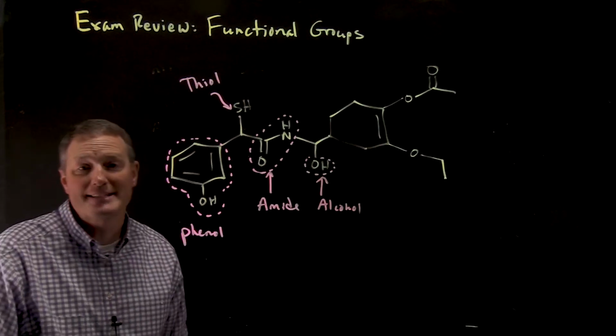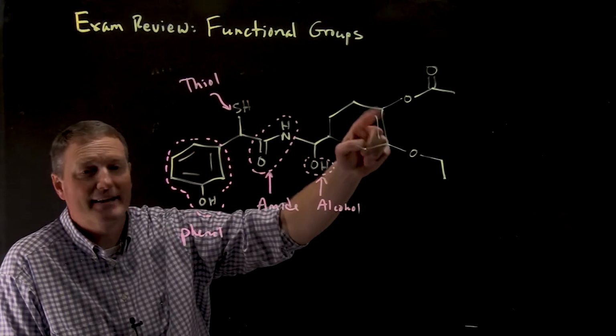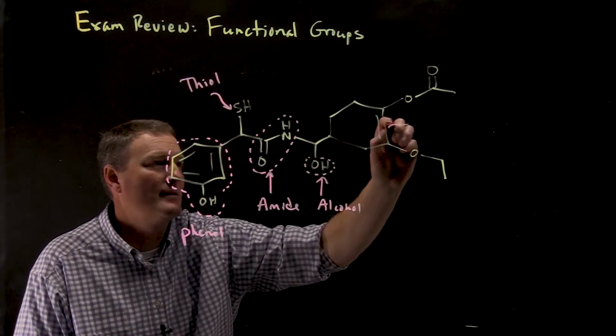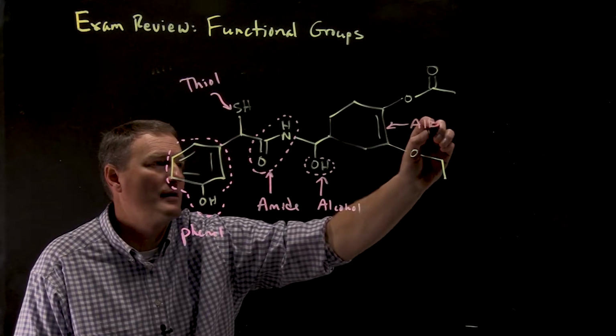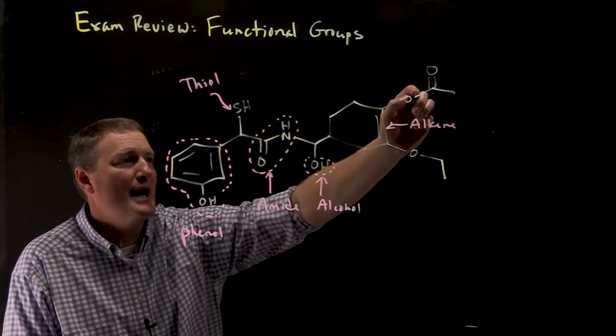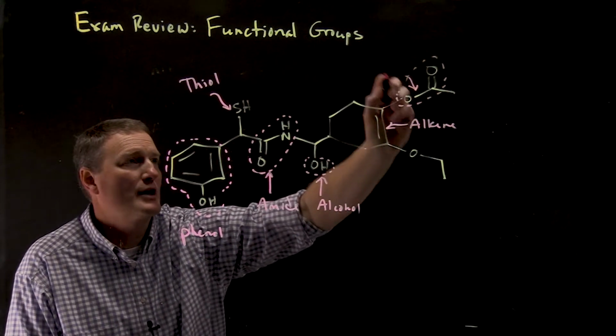Okay, here we have actually a cyclohexene type compound, so this is a cyclic alkene, and so this would be an alkene. Okay, notice we now have a carbonyl next to an oxygen. That's called, this entire functional group, it's called an ester.